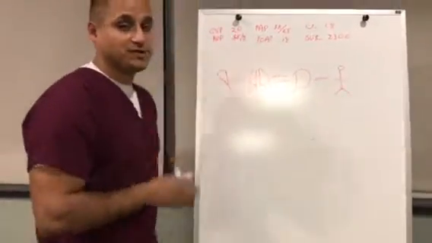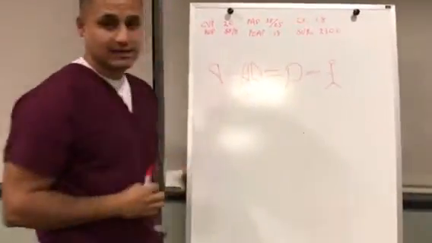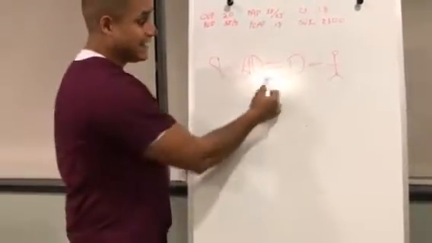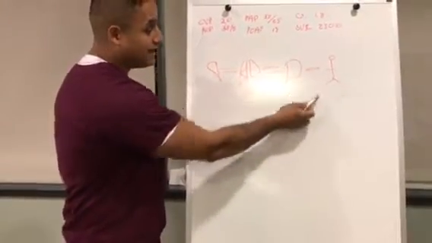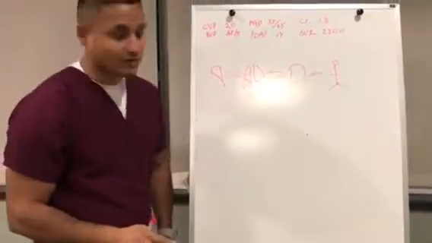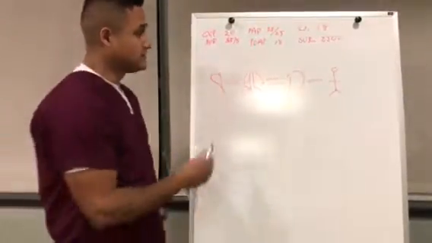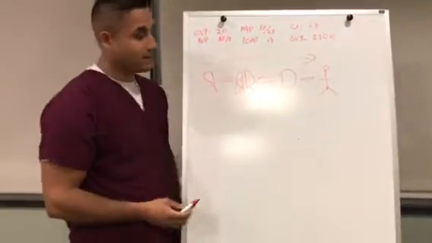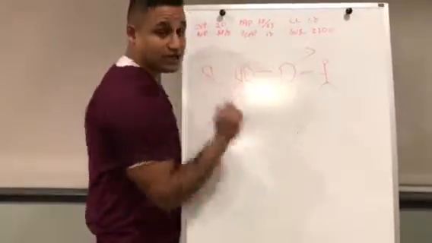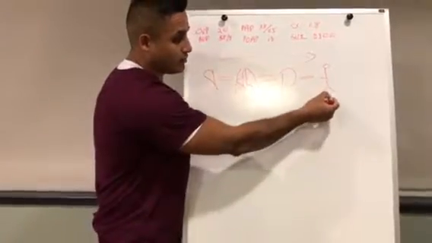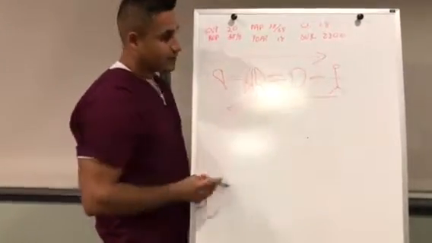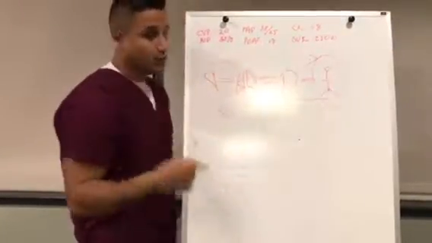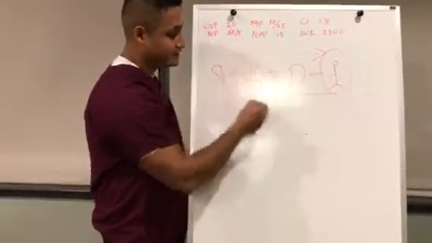From now on, I want you to picture the heart this way. The right side does not talk to the left, and the body has nothing to do with the lungs, okay? The blood in the system will always flow this way, okay? And the pressure in the system will grow this way. With that being said, the pressure here will be greater than the pressure here.